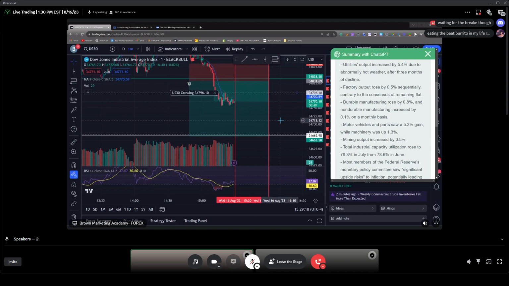If it starts pushing up at 3:30, I'm probably going to close out. Let's see. One minute till then. We have 38 seconds left on this candle till 3:30. I got my finger on the trigger. If I see a sharp move to the upside, I'm going to close out.